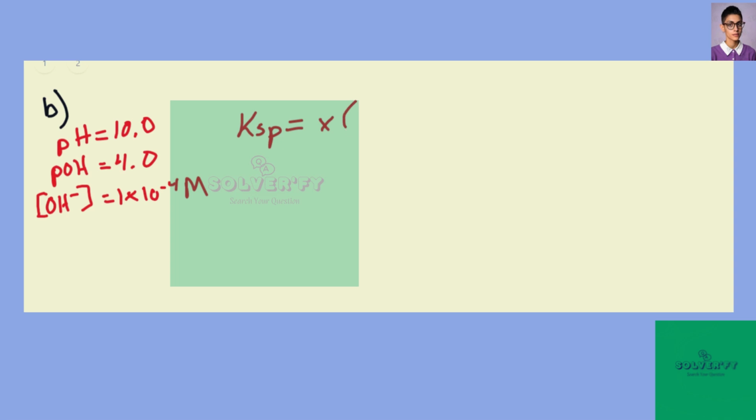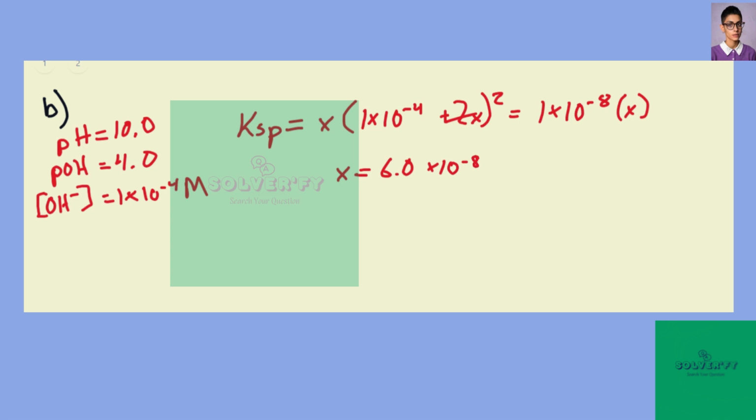So we have x times 1 times 10 to the minus 4 plus 2x squared. We eliminate the 2x and we get 1 times 10 to the minus 8 times x. Our KSP value is, of course, still 6.0 times 10 to the minus 16. So we solve for x and we get 6.0 times 10 to the minus 8 molar.